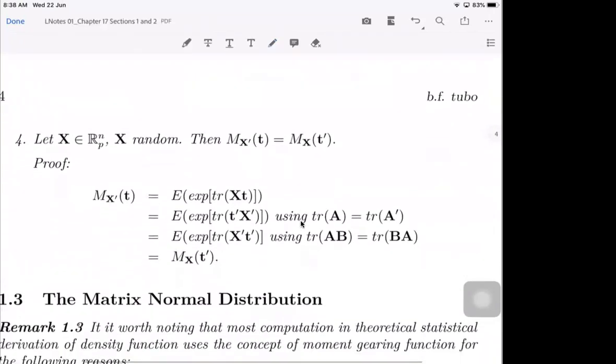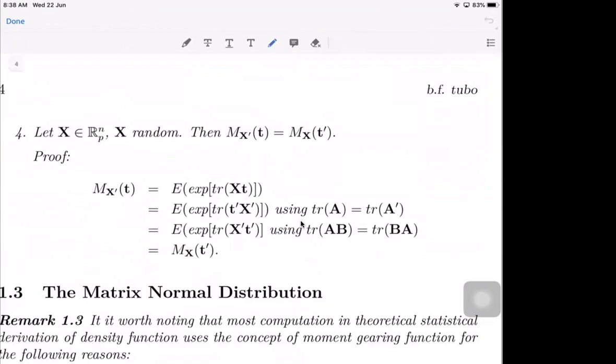Next, the next transformation on x is when we get the transpose of x. So what will be the moment generating function of the transpose? It is just equal to the moment generating function of x, but this time instead of at t, it will be at t prime.